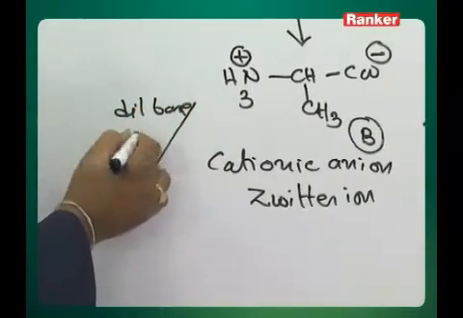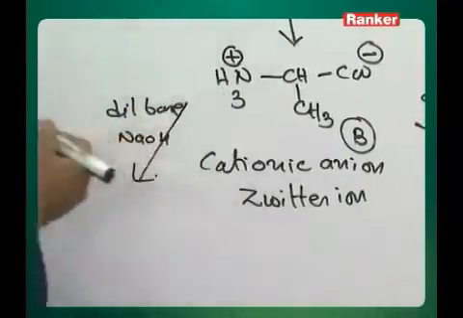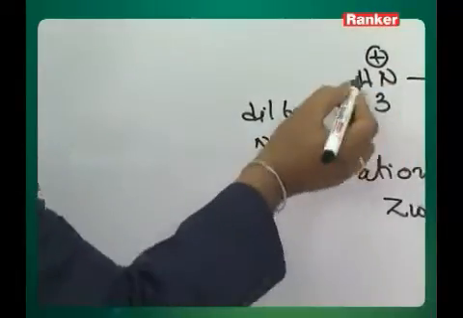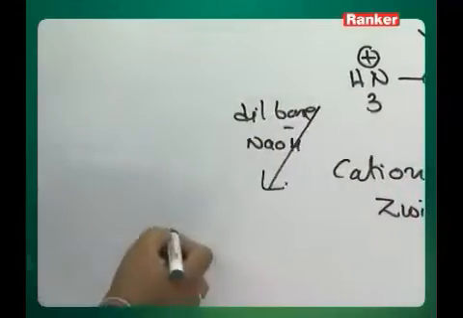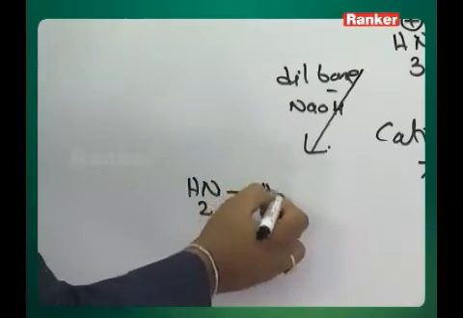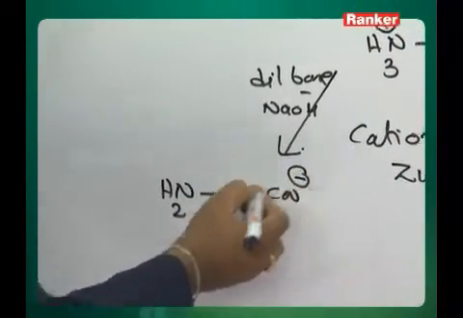If you add a dilute base, for example NaOH, it will become another structure wherein the OH minus takes out this H plus. It generates the free NH2 group, and the COO minus still continues.